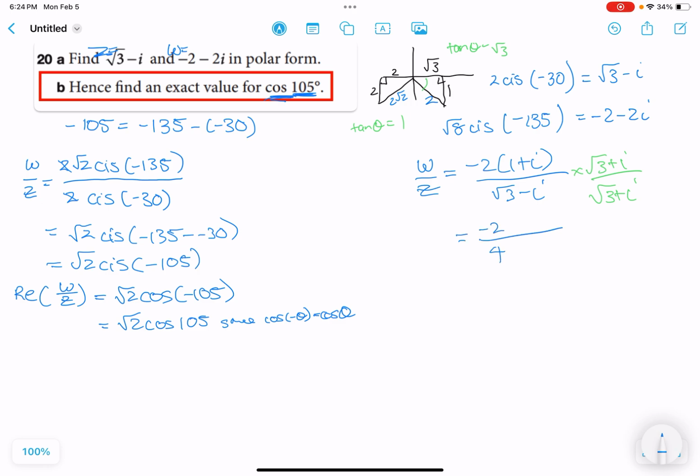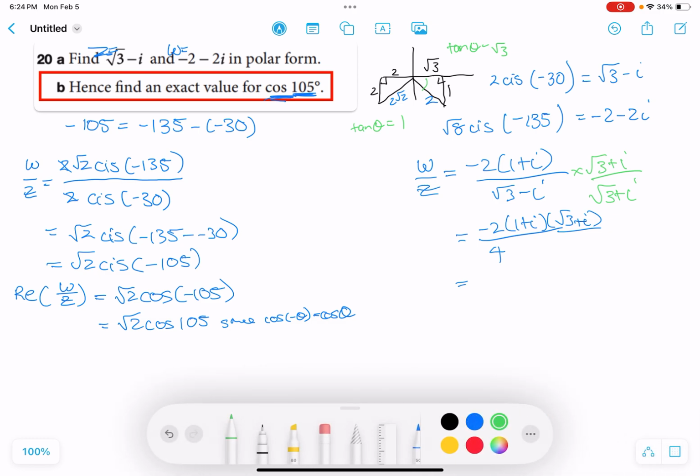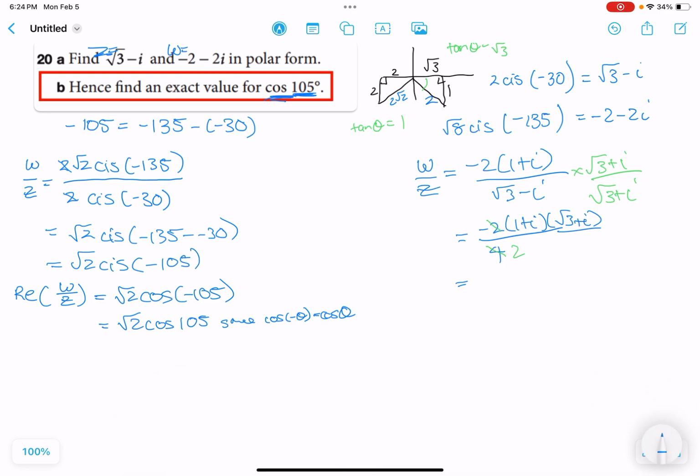I've got minus 2, 1 plus i, root 3 plus i. Again, I can do a bit of cancelling, divide by 2. So I've got negative, I'll put all on 2 here.